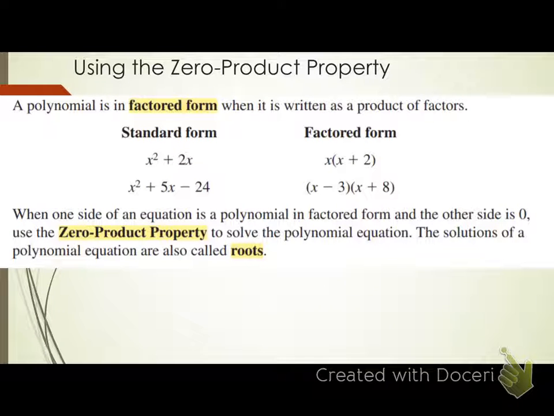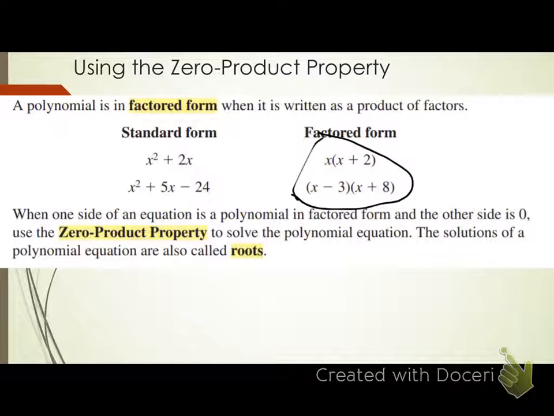A polynomial is in factored form when it is written as a product of factors. So the past few sections, we've been given problems like these over here, correct?